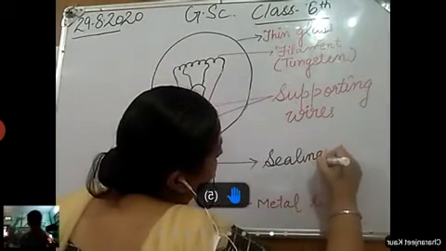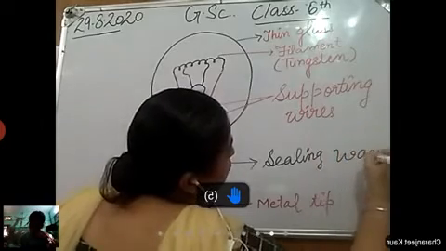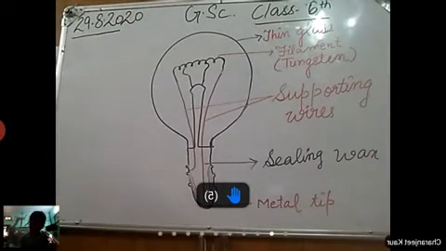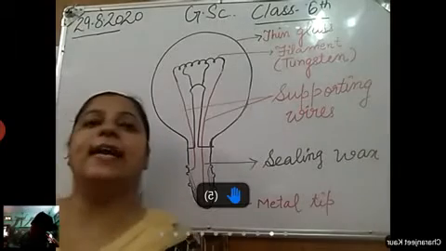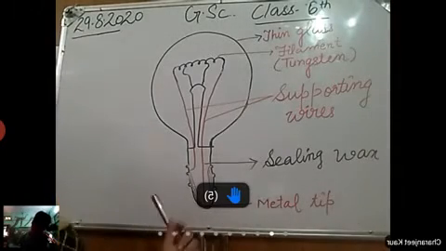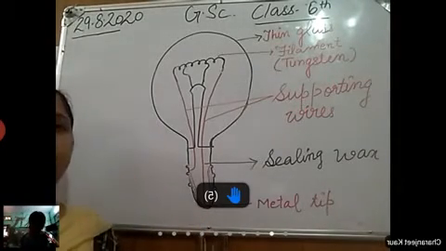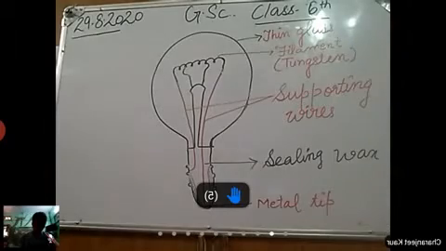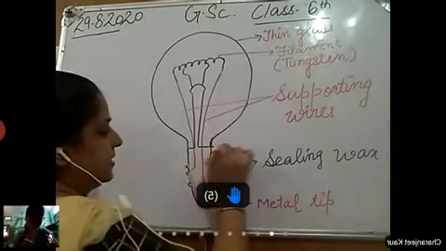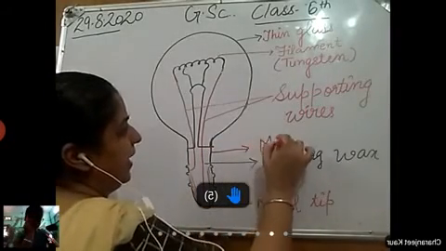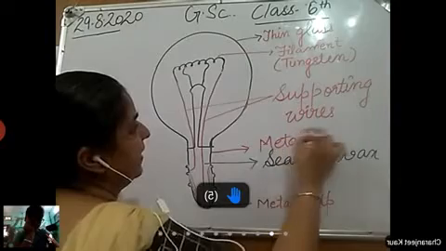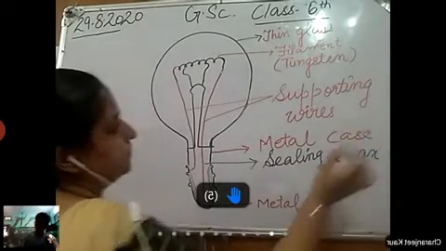The function of sealing wax is to separate out the two terminals, to separate out the wires connecting the two terminals. This is a sealing wax, right? It is known as the metal case. What do we call it? Metal case.